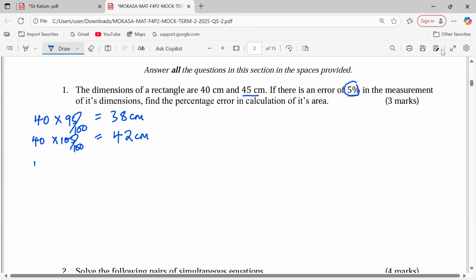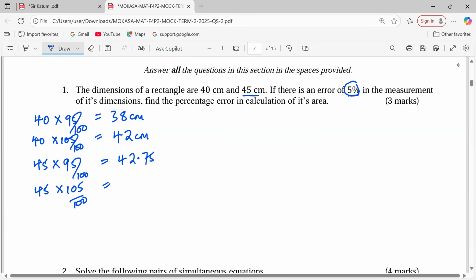The length is 45. So when we consider an error of 5%, this can go down to a minimum of 95%, giving us 42.75. Then it can also rise to a maximum of 105% of the same value to give us an upper limit.